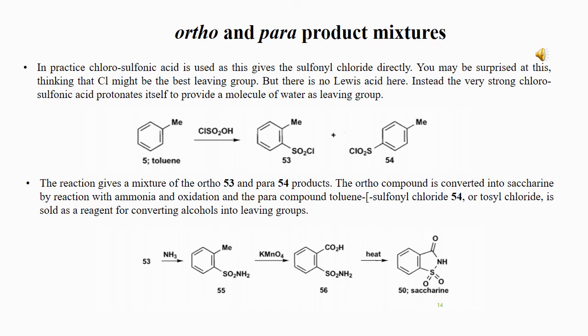Now the thing which I have mentioned here, that chloro is a good leaving group, but in the case when there is no Lewis acid here, this will not leave like that. So chlorosulfonic acid protonates itself to provide a molecule of water as a leaving group.